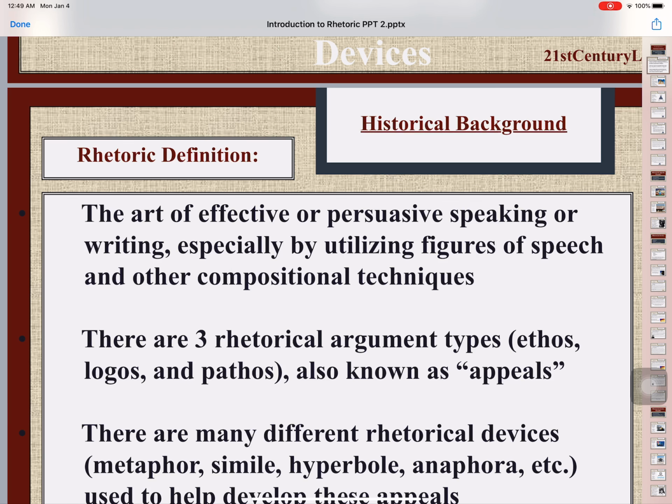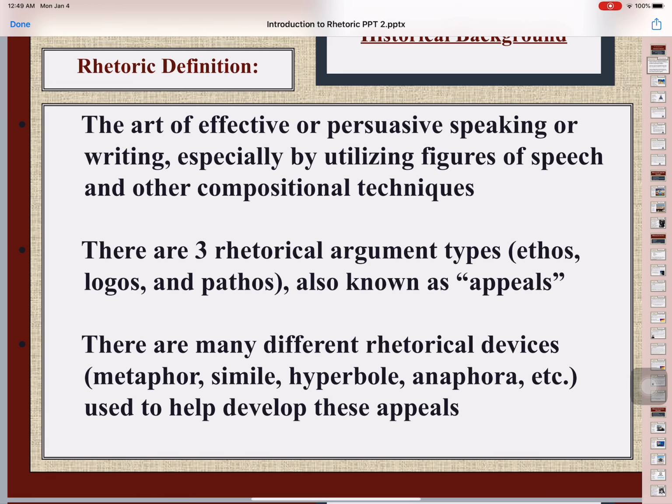Starting with number one, in historical background, rhetoric definition: the art of effective or persuasive speaking or writing, especially by utilizing figures of speech and other compositional techniques. We know that there are three rhetorical argument types, which are ethos, pathos, and logos, also known as appeals.